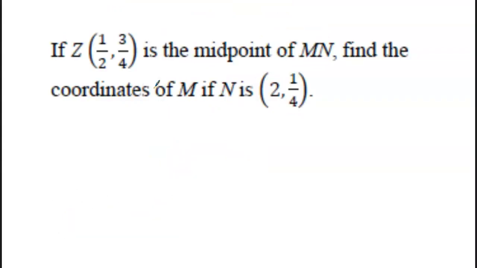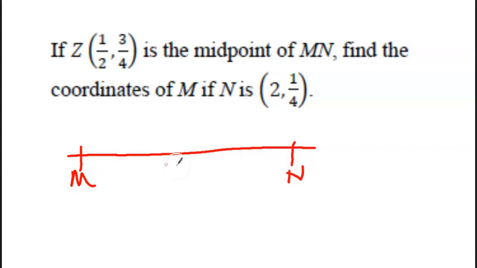Let's look at another question. If Z (1 on 2, 3 on 4) is the midpoint of MN, find the coordinates of M, if N is (2, 1 on 4). So you have your straight line. This is your M. Then this is your N. Then according to the question, Z is dividing MN.